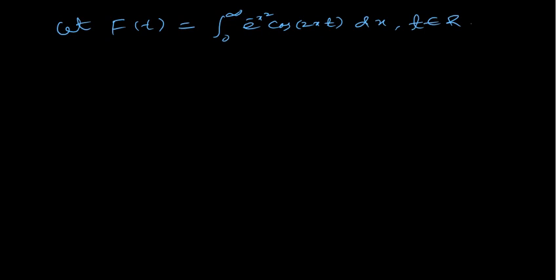Since the modulus of e power minus x square cos of twice xt is less than or equal to e power minus x square, and the improper integral of e power minus x square exists by the previous theorem, the improper integral of this also exists by the comparison test.